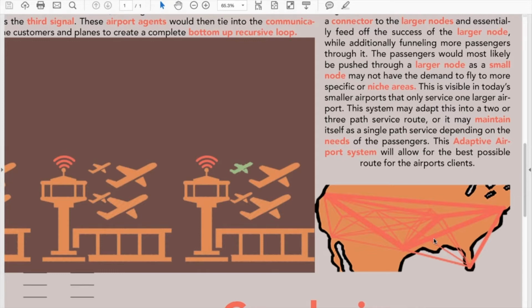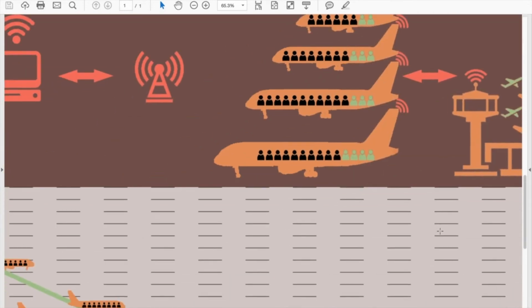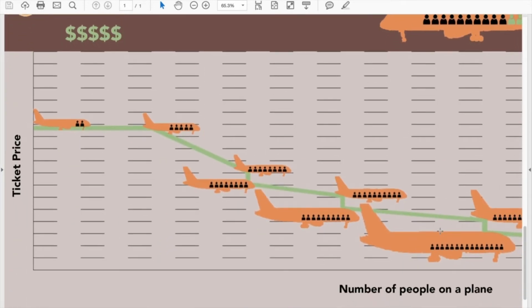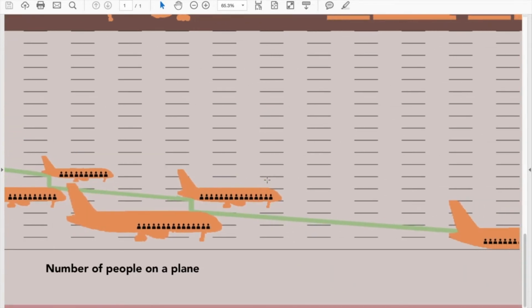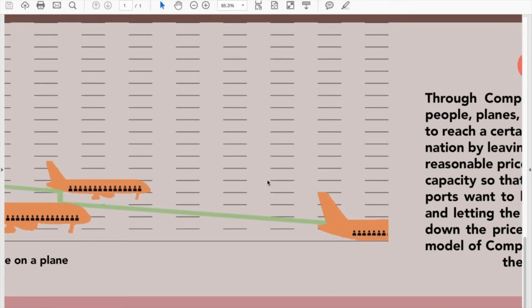With those emerging routes and these three agents, something else we would see is the price decline of the ticket. With the three agents, we have a stagnated price until the plane reaches its minimum viability, at which point the ticket begins to fall in price until we're reaching the larger planes with lower ticket prices.